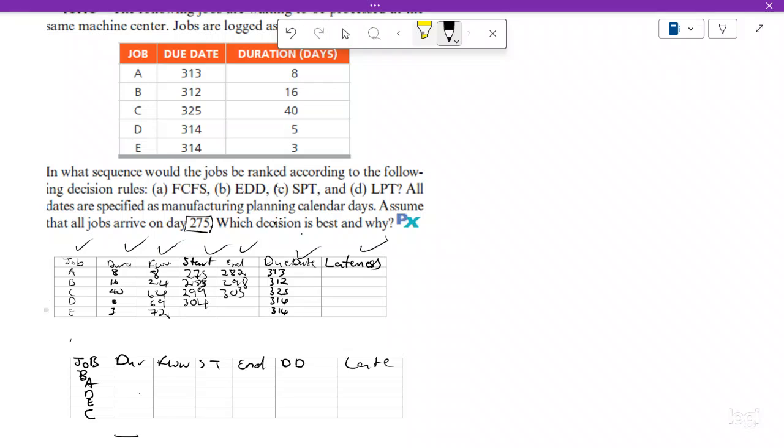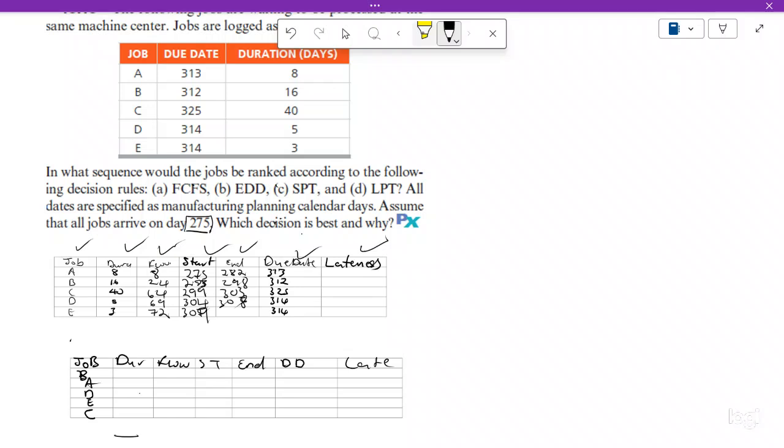And then 304 plus, it becomes 307, 306. Then 307, 305, 304 plus 5 becomes 309. Then this one 308.